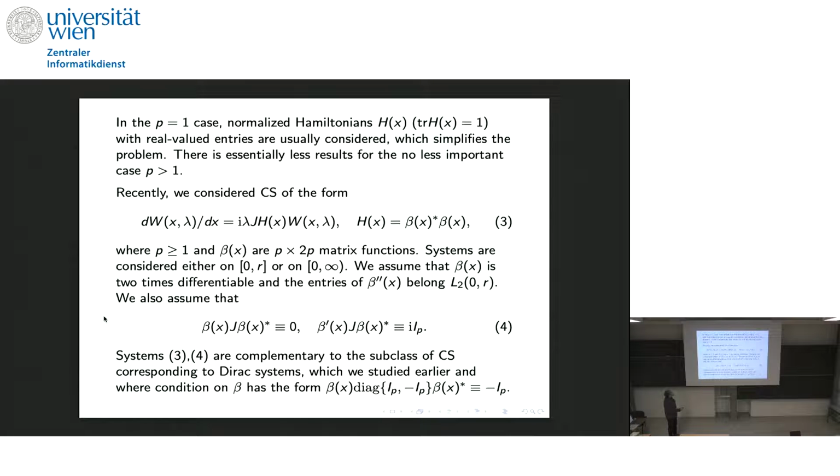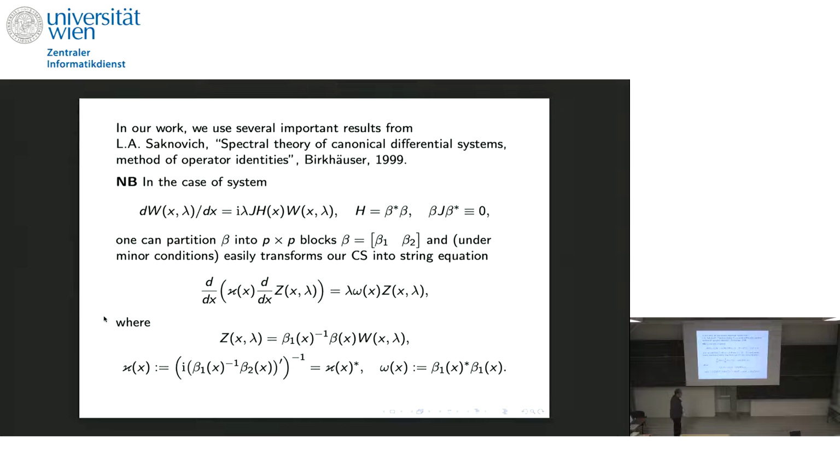And here we have 0. And it is a class of canonical systems corresponding to matrix string equations. The transformation from this system to the matrix string equation is simple, and it is written down here.